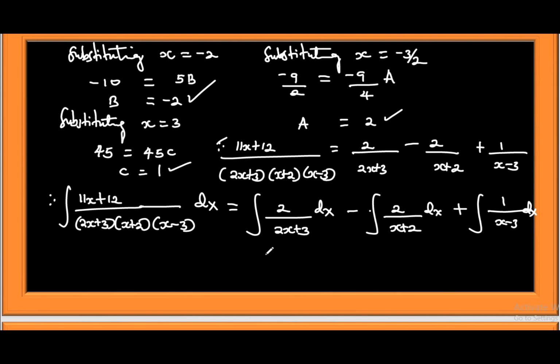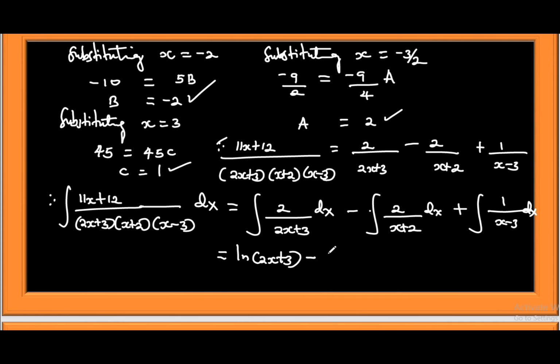The answer we get in this case will simply be ln or natural log of 2x plus 3. How does this come? When you pull out the 2 and you remain with 1 over 2x plus 3, to integrate 1 over 2x plus 3, you get a half ln of 2x plus 3. But then the 2 will cancel out with the half, giving us this result.